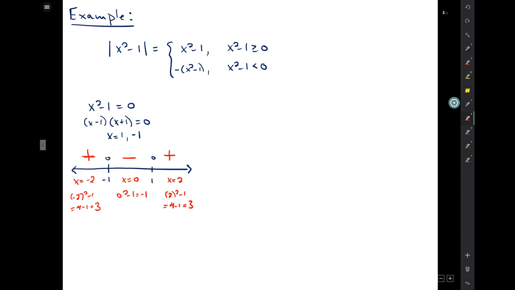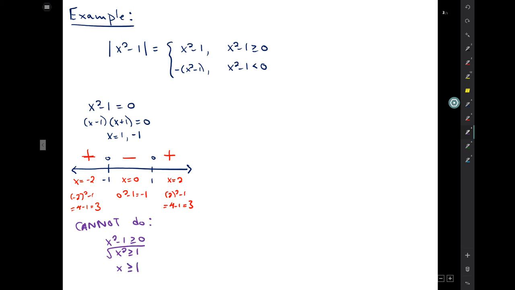Be very careful when you solve inequalities that involve anything other than a linear expression. This is quadratic, because if you're not very careful about solving these, you will miss part of it. So for example, you cannot just solve x squared minus 1 greater than or equal to 0 by taking the square root of both sides and getting x greater than or equal to 1.